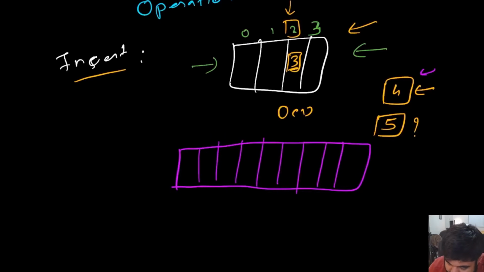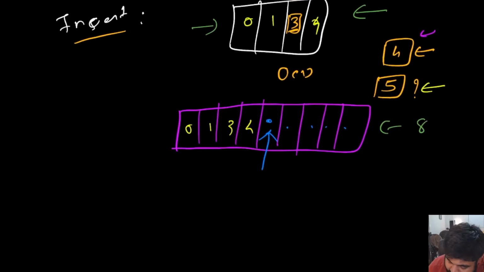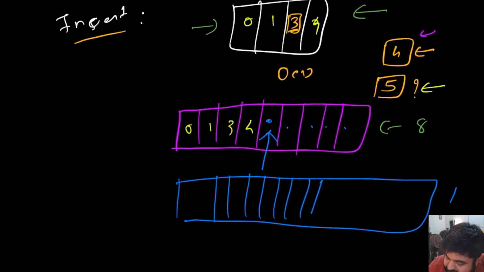I'm not sure I created an array with 8 length, but you can imagine that this is going to be of length 8. The initial values, let's say 0, 1, 3 and 4, were the values stored. So 0, 1, 3 and 4 would come over here, and whatever 5th value I was trying to store would come in this block. The same thing will happen until it runs out of space, and if it has to create a new element, then we will have to create an array with 16 values.